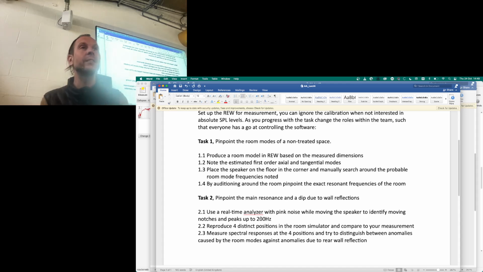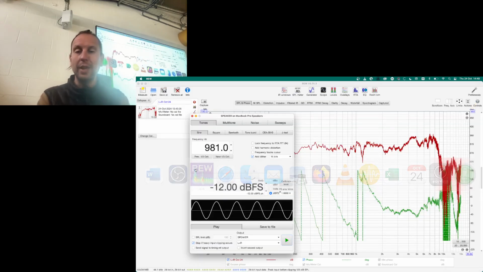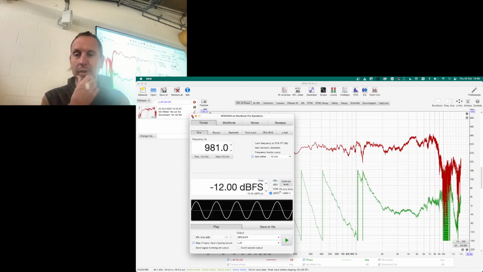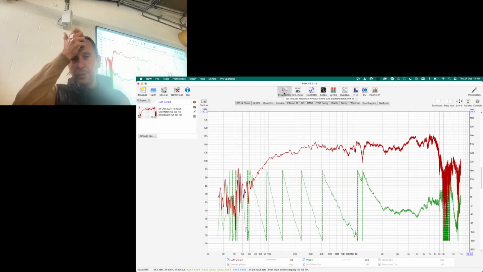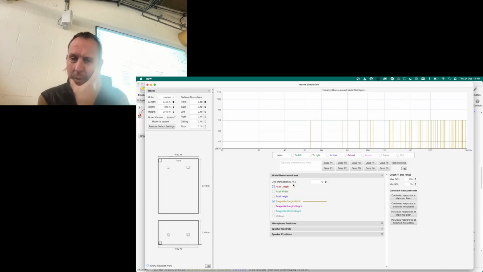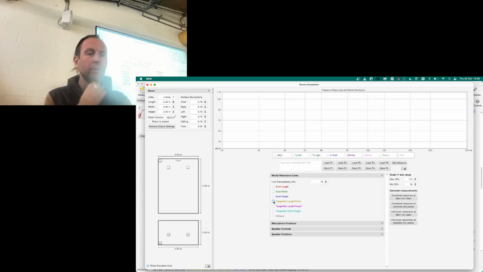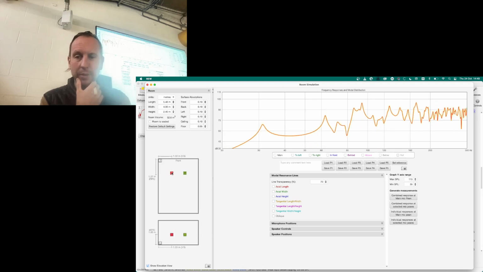You will see that everything in mids and highs, even low mids, is a mess. You can't really detect much, but it should be possible to detect this notch. Now, you can do that in advance, kind of prepare yourself in terms of your expectations in the room simulation. So what I can do here is remove the modes, and move the speaker.